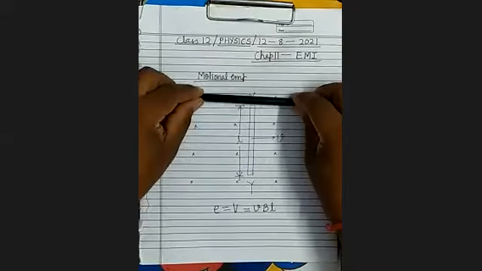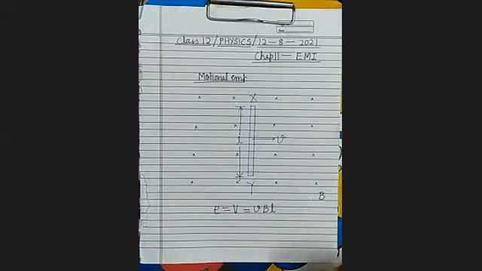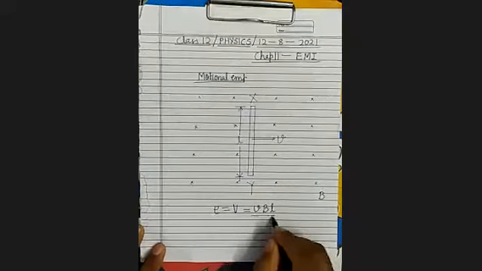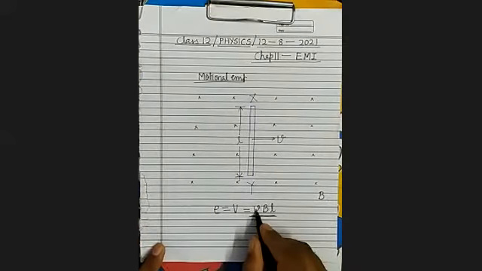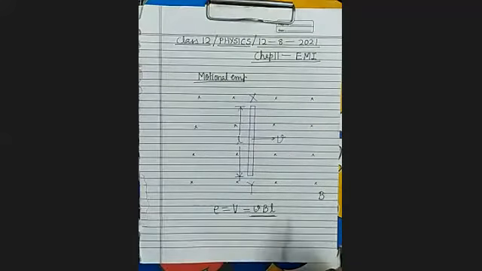In this case also EMF will be induced, and this much EMF will be induced. Here v is the velocity of the conductor, L the length of the conductor, and B the strength of the field in which it is moving. It's clear.